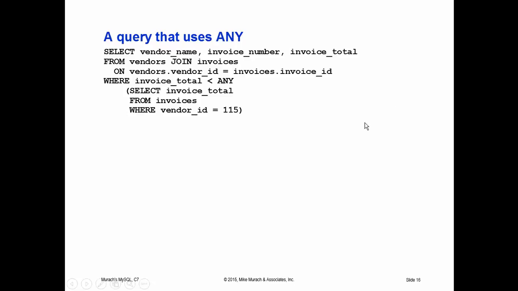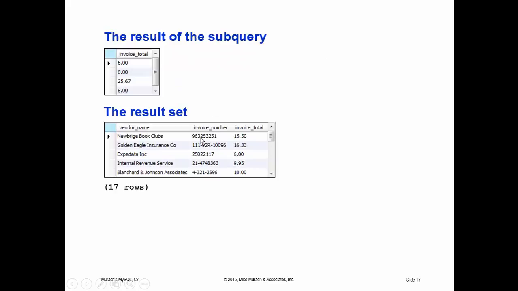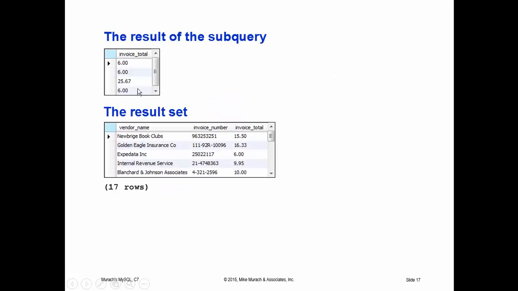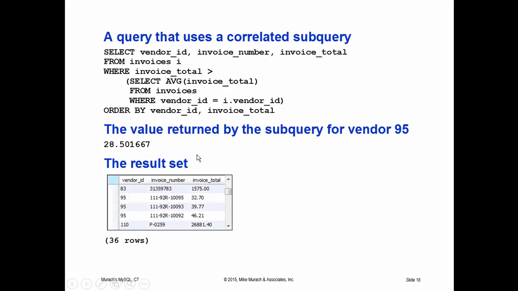So in this case, we're saying less than any. And, well, what's the lowest one that we have in here? Well, less than any. And actually, now we're looking for the highest one. So anything that's less than 2567, and you notice that they all are. Now, some and all are basically pretty much the same as one another, okay? They're used pretty much the same.